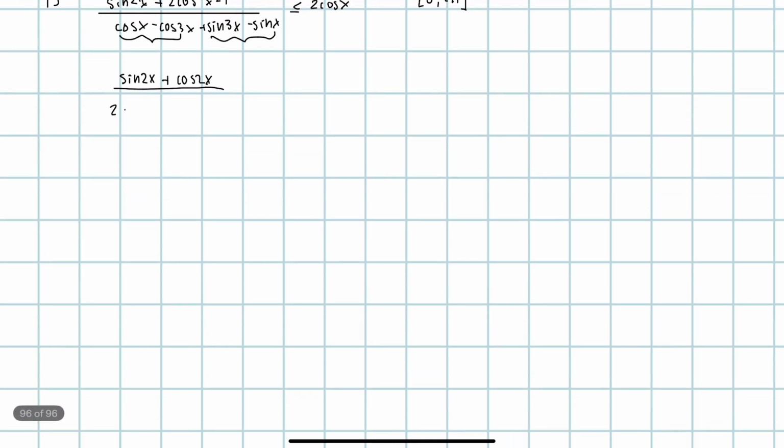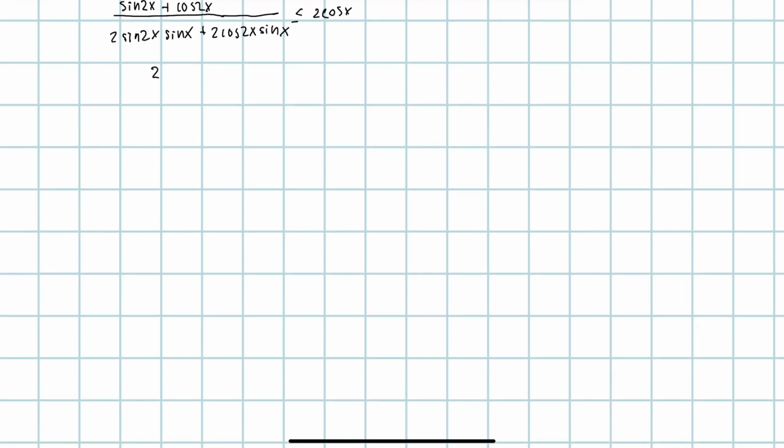So this is going to be 2 sine 2x times sine of x, and this is going to be 2 cosine 2x times sine of x, divided by, and this is equal to 2 cosine of x, the unchanged side. Then you have 2 sine 2x plus cosine 2x divided by, factoring out 2 sine of x, sine 2x plus cosine 2x, and this is less than or equal to 2 cosine of x.